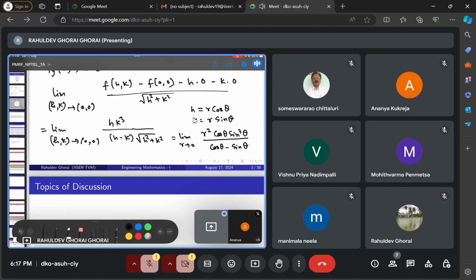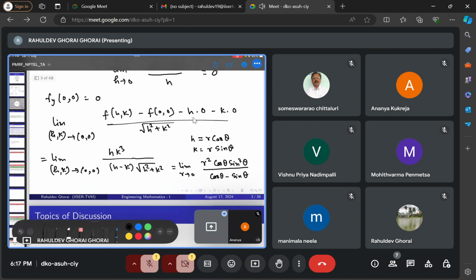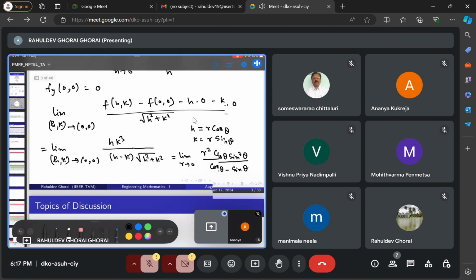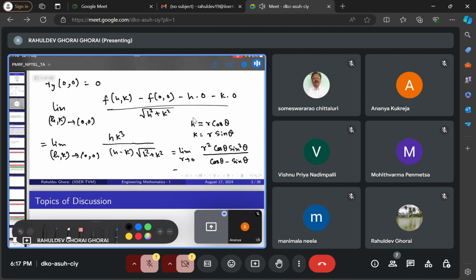So when cos theta is not equal to sine theta, of course, when you are assuming this. When cos theta equal to sine theta, then the function is always zero, so you don't need to worry about that. And when it is not equal, as r tends to zero, the other things will not affect you because those are bounded functions.